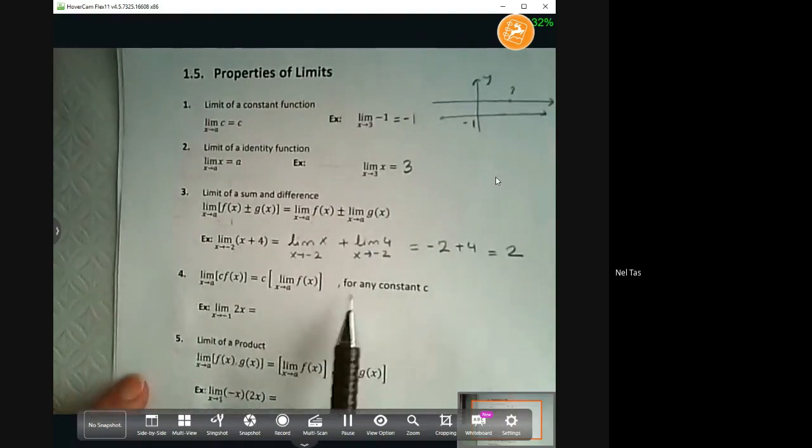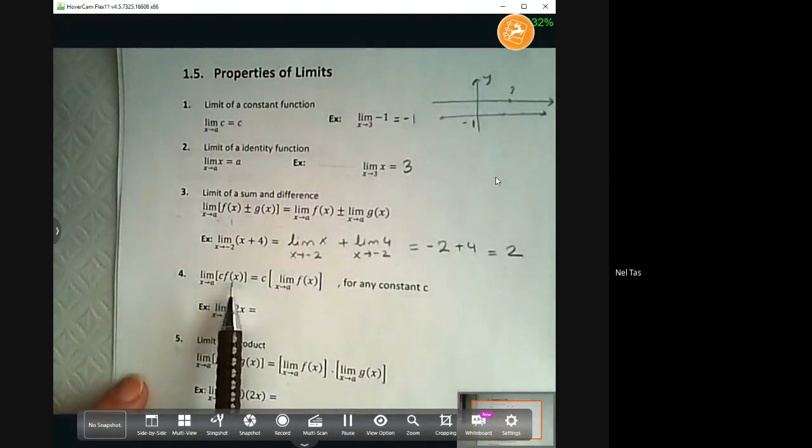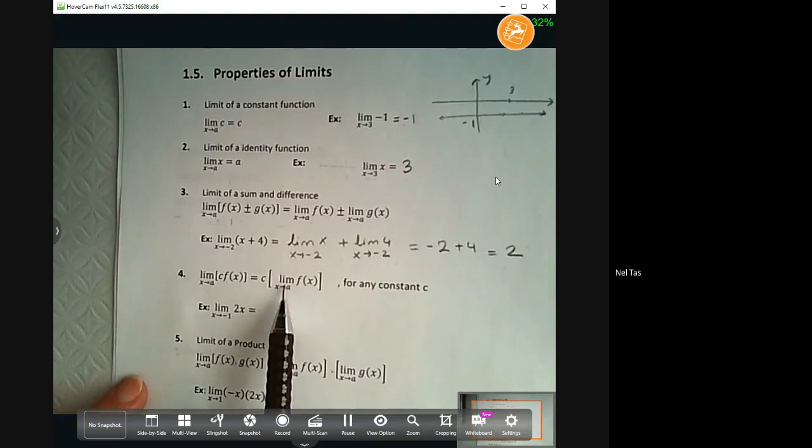So next one is limit of c times f of x as x approaches a. So this can be written as c times, c being a constant, c times limit of f of x as x approaches a.